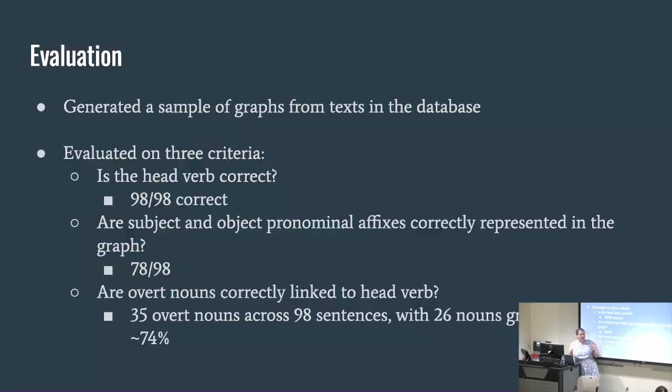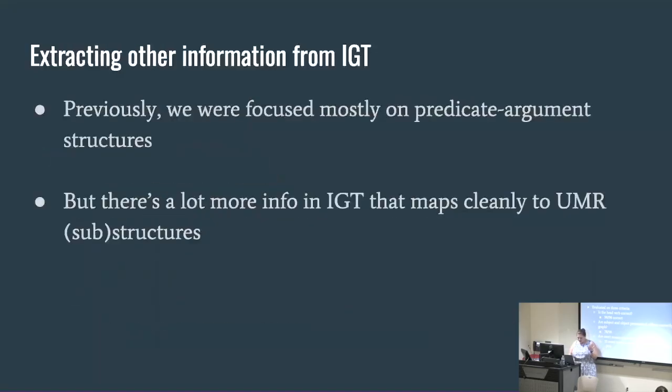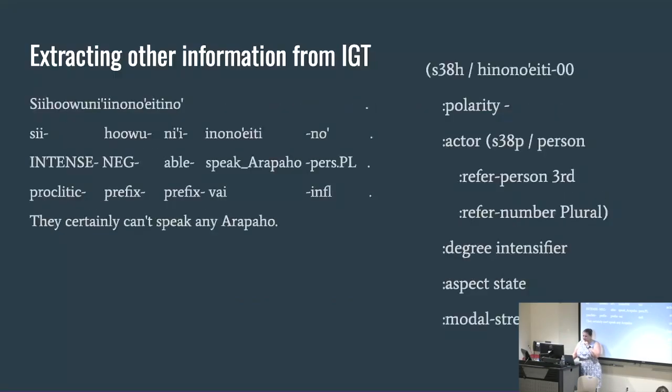So this was the state of things last year. We really focused on the predicate argument structures, but there's a lot of additional information in the IGT that we can map pretty cleanly to UMR structures or substructures. Here's another example that shows some of these other attributes.